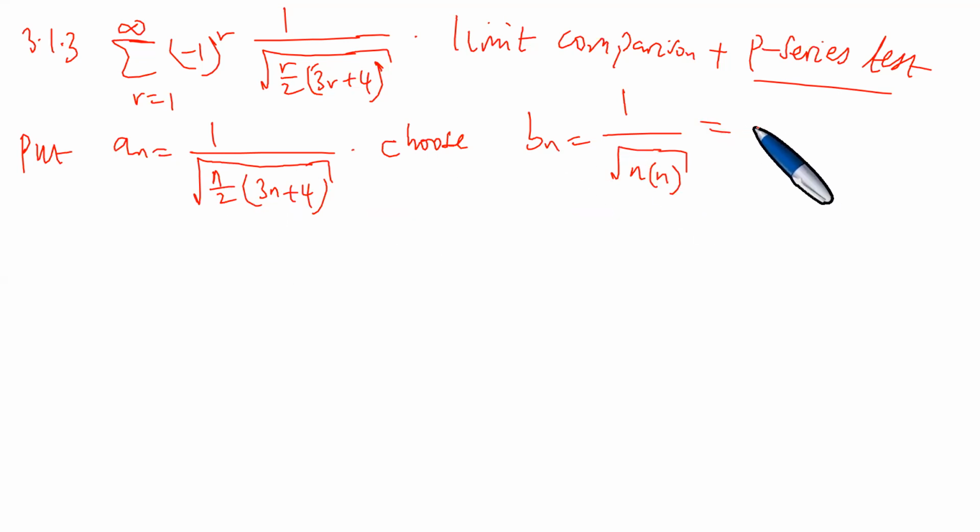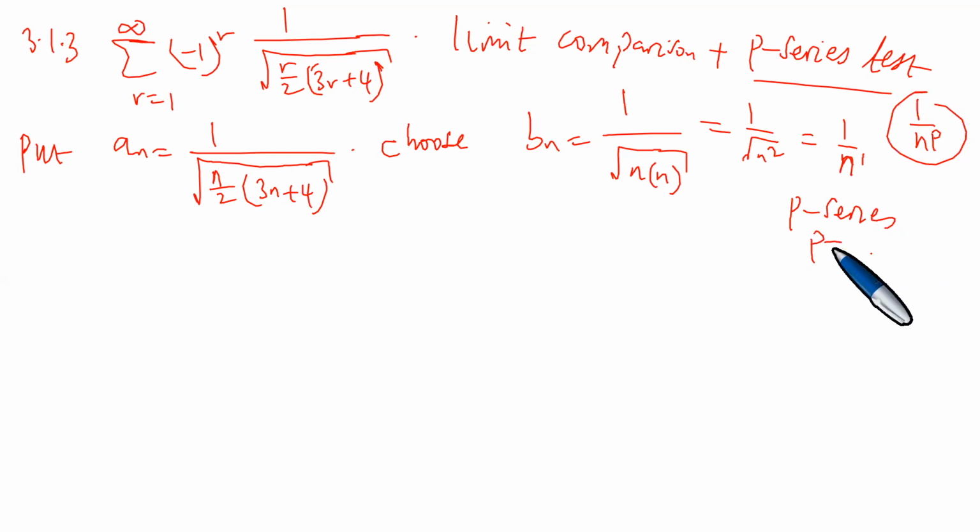Then this one is 1 over the square root of n squared, which is 1 over n. It is a P series, because a P series means you have 1 over n to the power P. Here P is 1, and then it is divergent.